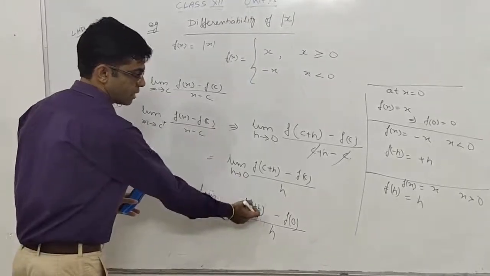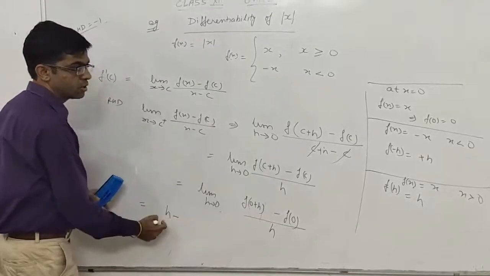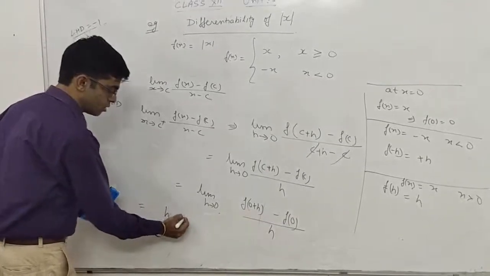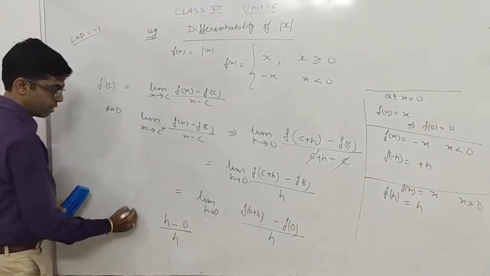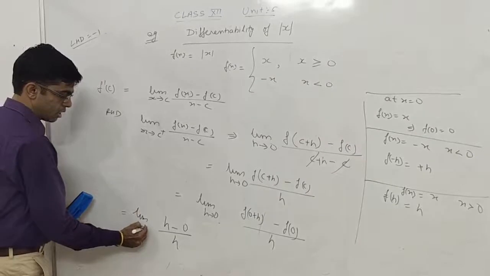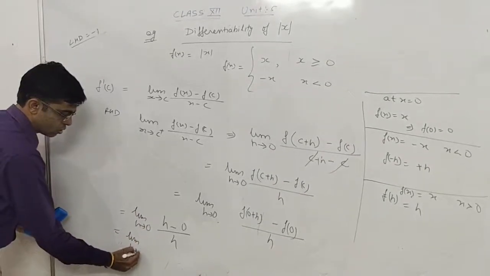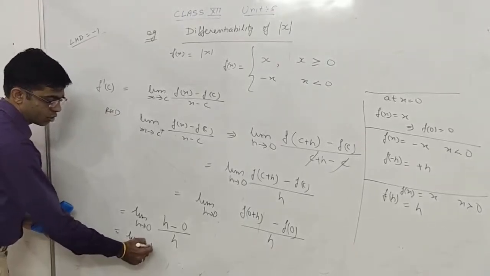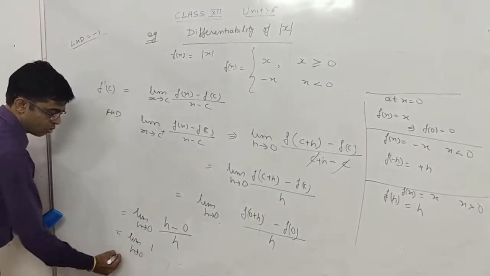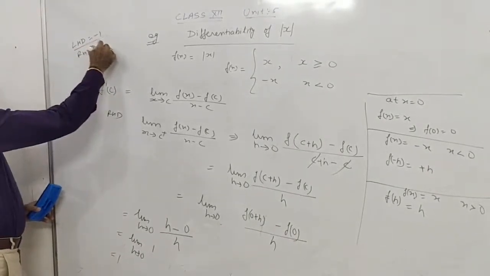So f of h is h, and f of 0 is 0. This is limit h tends to 0, h upon h is 1, and limit h tends to 0 of 1 is equal to 1. So in this way our right hand derivative is coming positive 1.